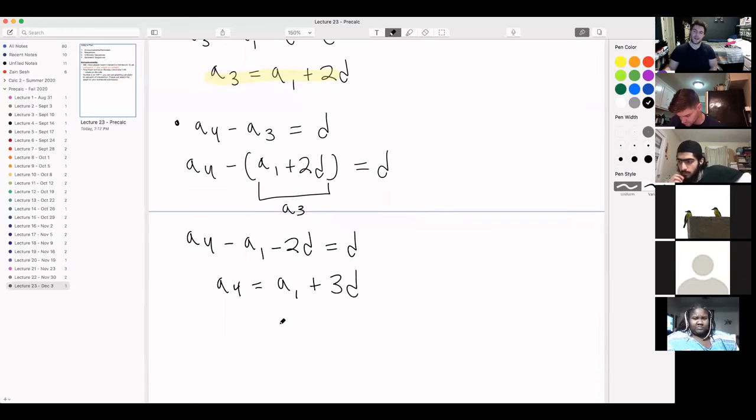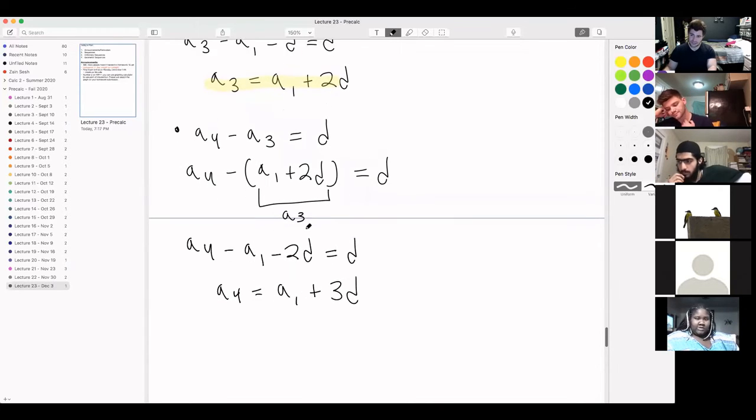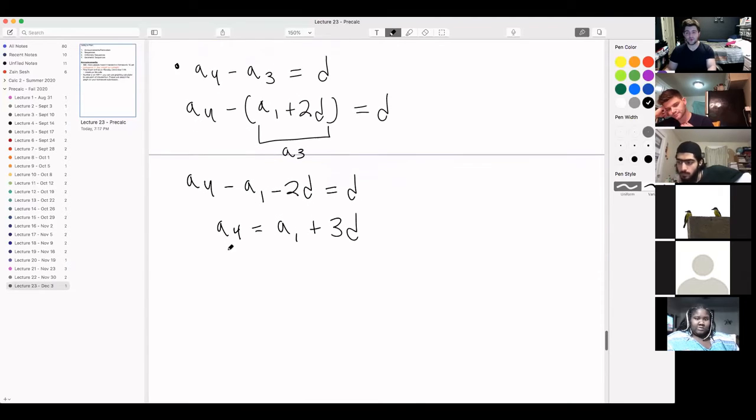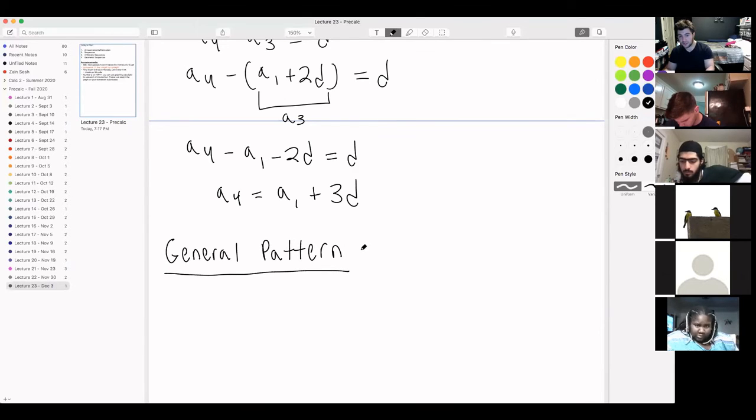Okay. So I think now we may have enough evidence to see what the general nth term is. So general pattern, and I'll ask you guys to think about it for a second, and maybe someone can tell me. That would be cool. So a general pattern. The nth term is given by what?